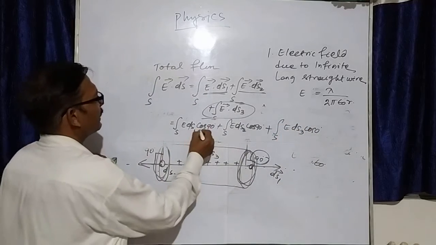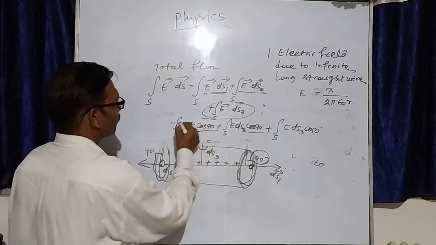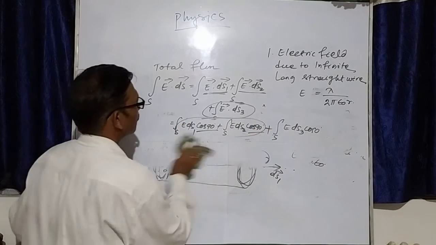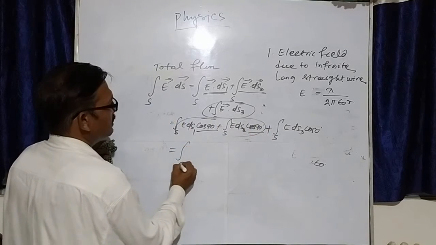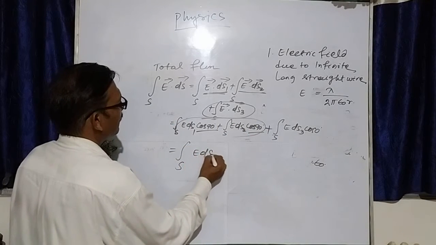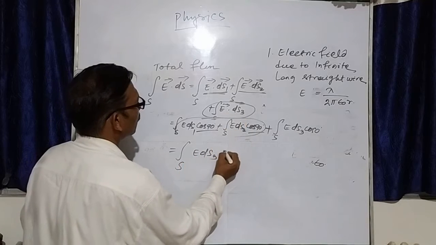Cos 90 you know is 0, so this total is equal to 0. What remains is E ds3 cos 0, which is 1.